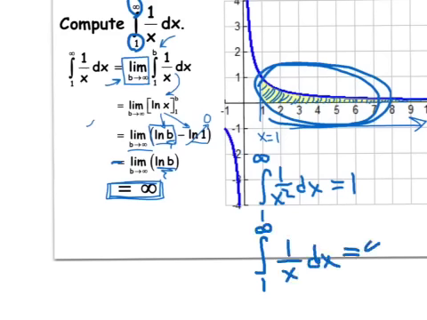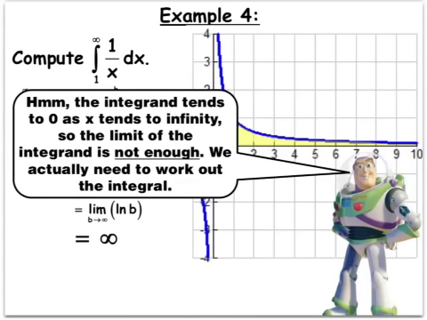You accumulate an infinite amount of area. Two very, very similar looking functions, two very, very similar looking integrands, and two completely different results in terms of the improper integral. So as you can see, our intuition, like I said before, is not necessarily the best thing to rely on. Infinity kind of throws everything out the window.